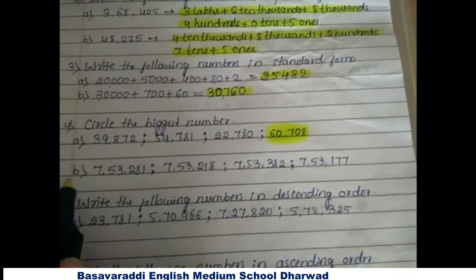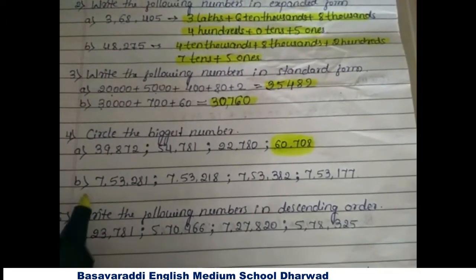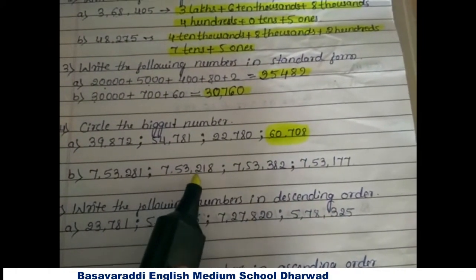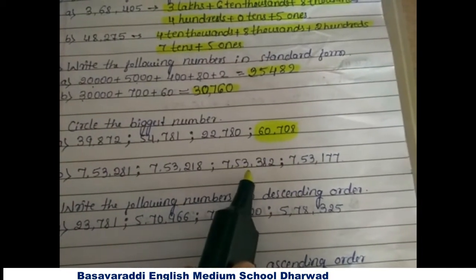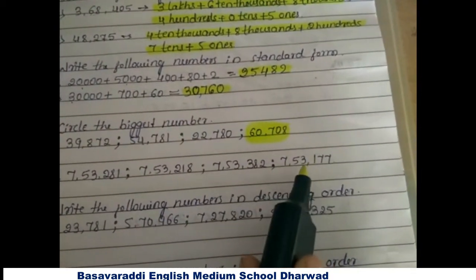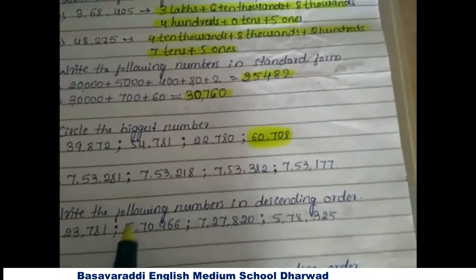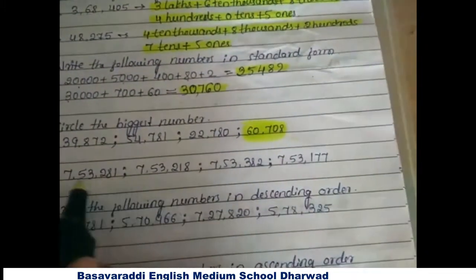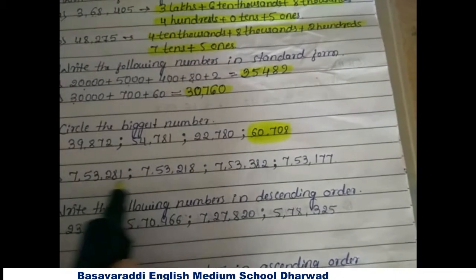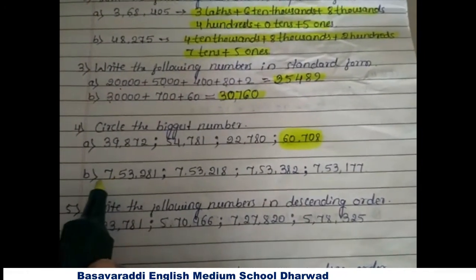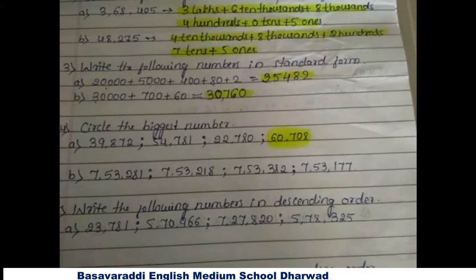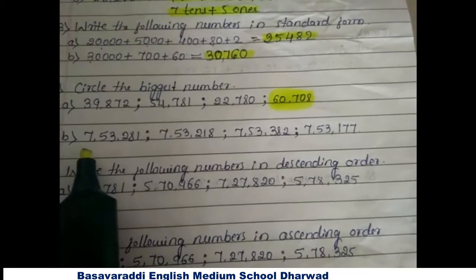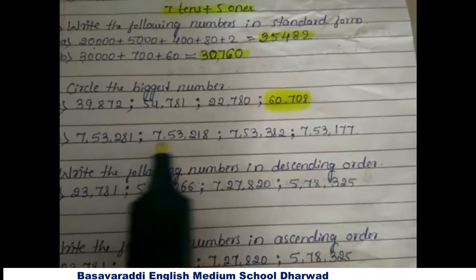The next one, same as B1 also: 7,53,281, 7,53,218, 7,53,382, 7,53,177. All the numbers have 6 digits each. Next, compare the digits from left to right: 7, 7, 7, 7.